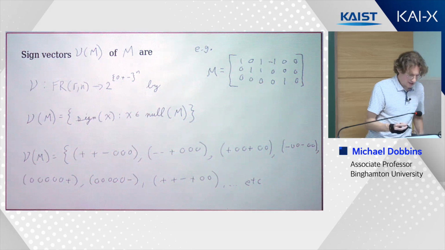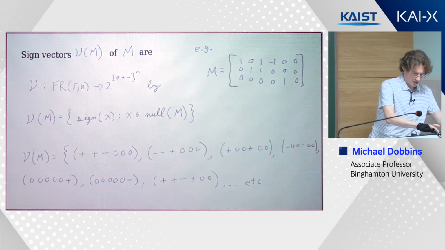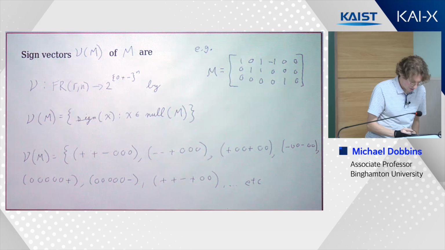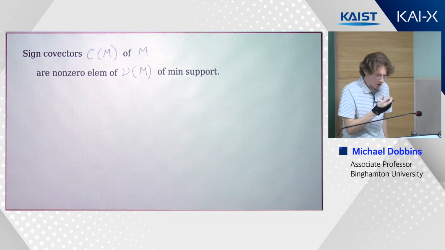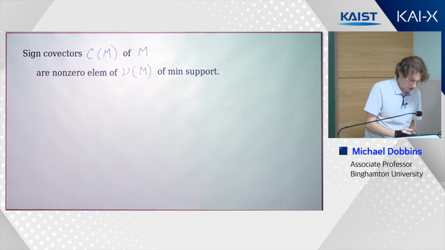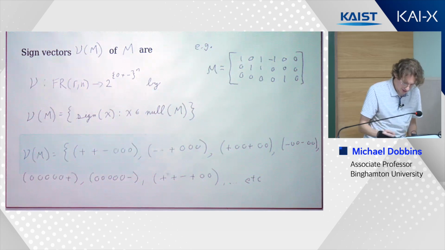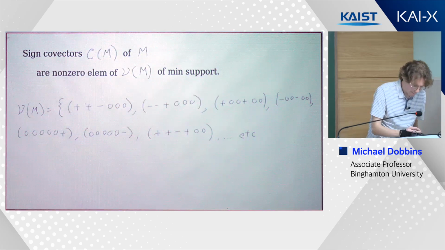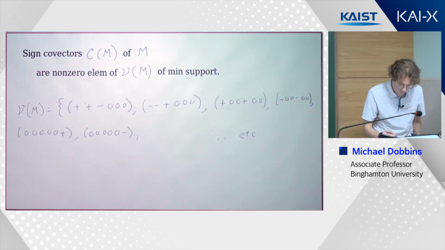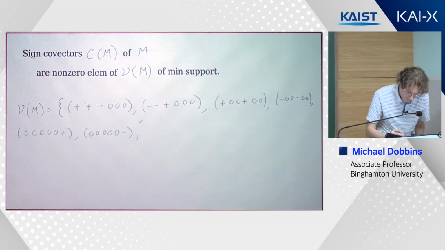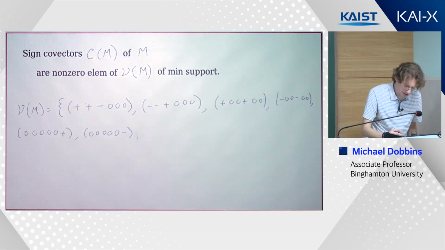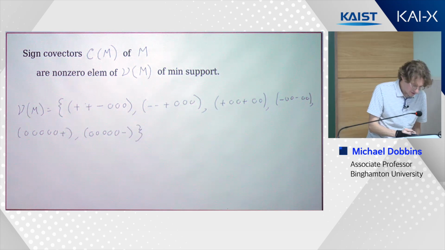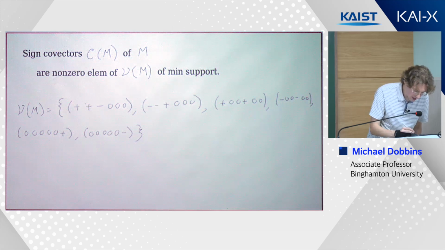So then, in addition to this, we also have the sign covectors. These are, again, the ones of minimal support. So if I take this set, I just cross out this one. So something to consider is how about from, maybe I give first some. You mean sign circuits? Oh yeah, these are sign circuits, not covectors.